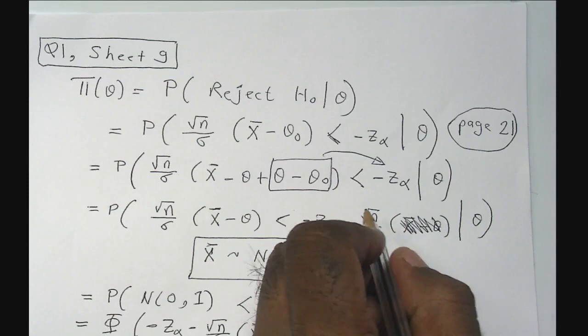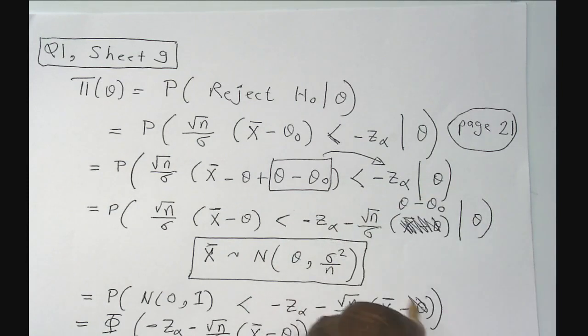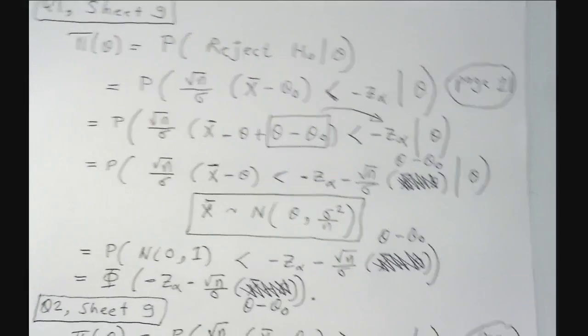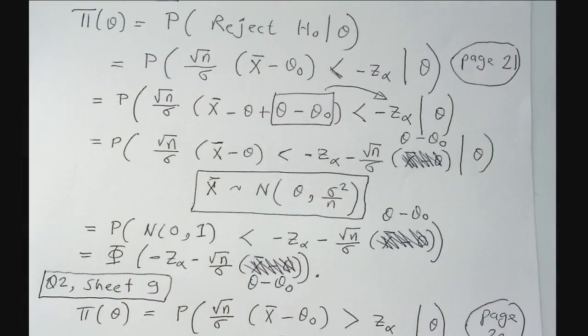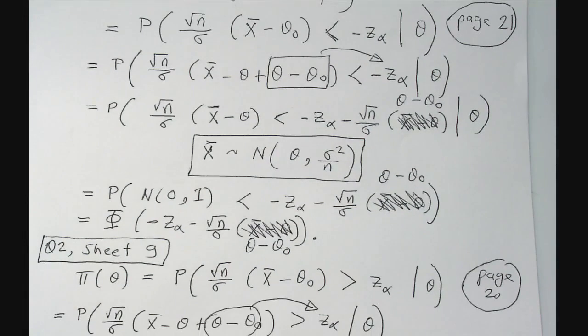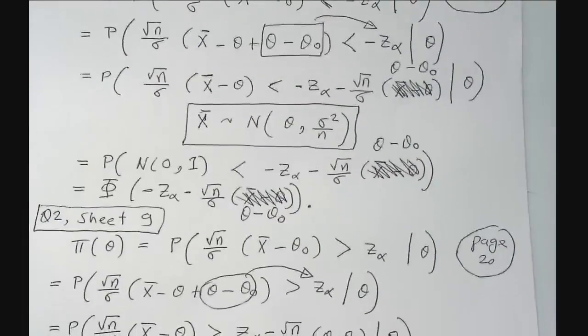This should be... I apologize for the mistake. It should be theta minus theta 0. I think that the bottom one is correct. Alright. Thank you for pointing this out. I appreciate it.